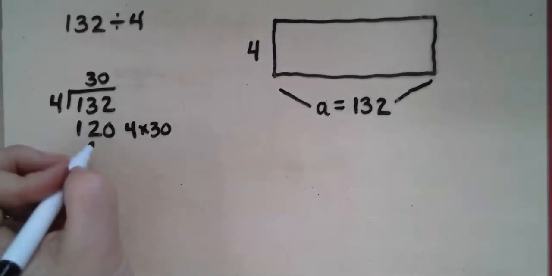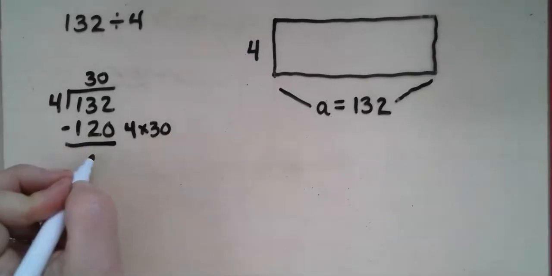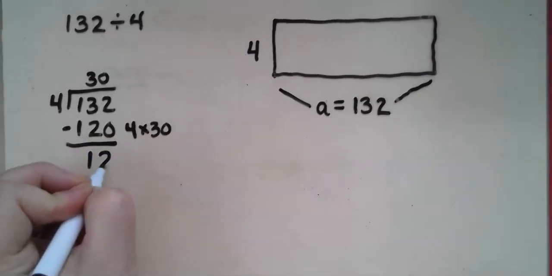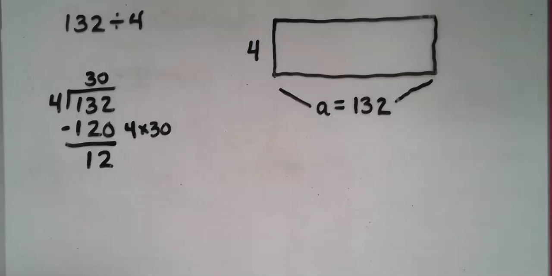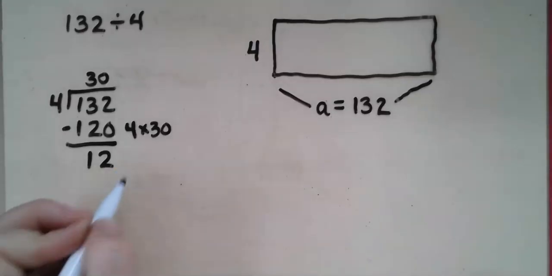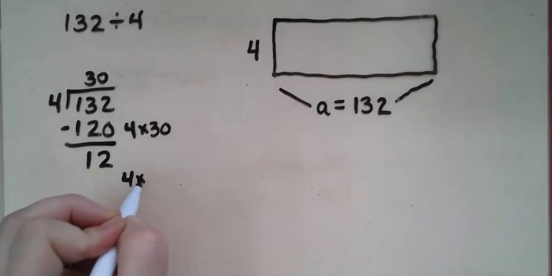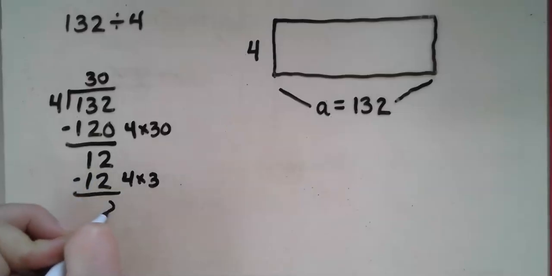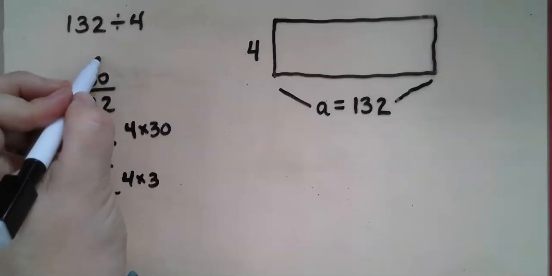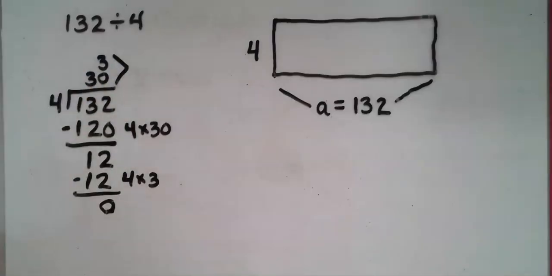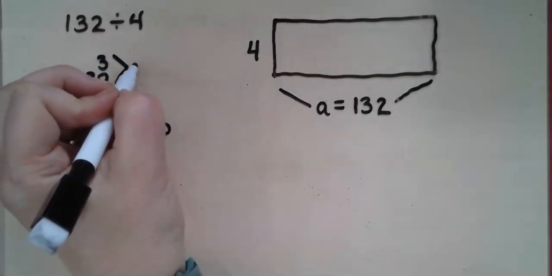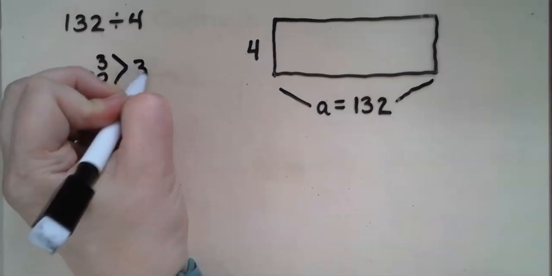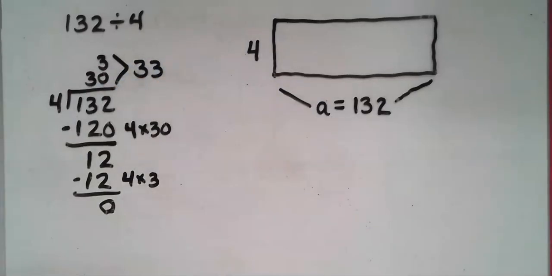When I subtract, I have 12 left to divide by 4. And again, I think pretty quickly, 4 times 3 is equal to 12. And that gives me 0 remainder. So up here, my partial quotients add up to my quotient of 33.